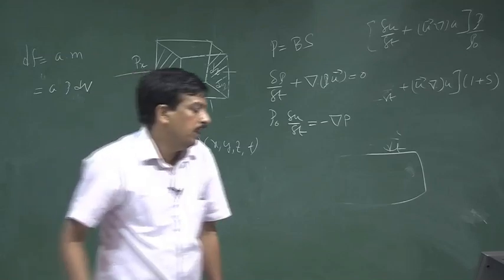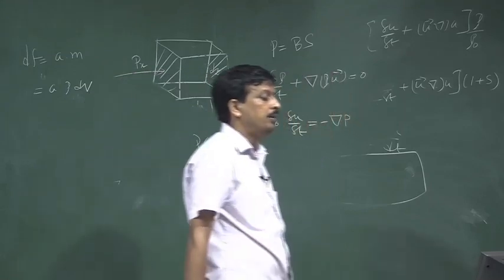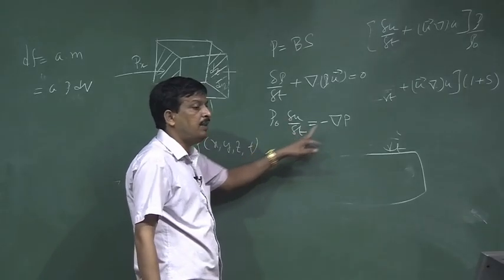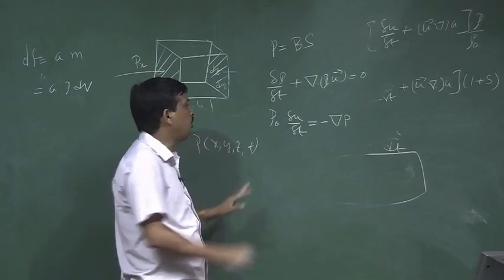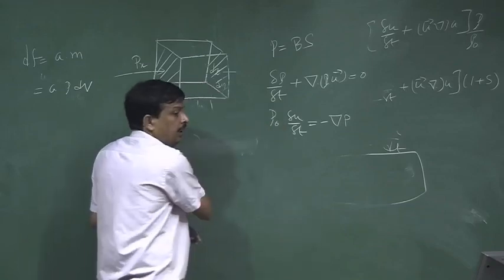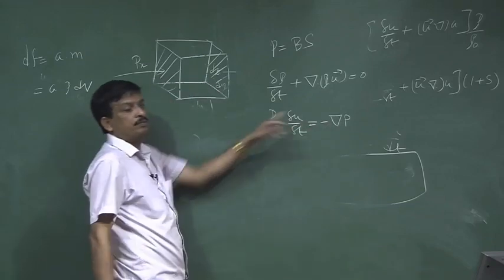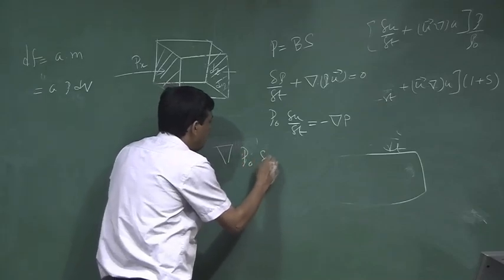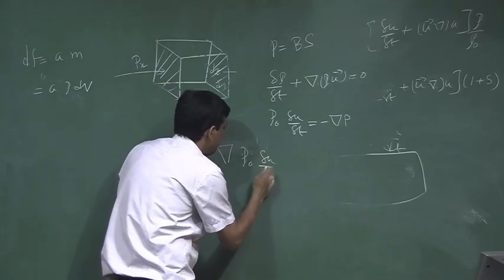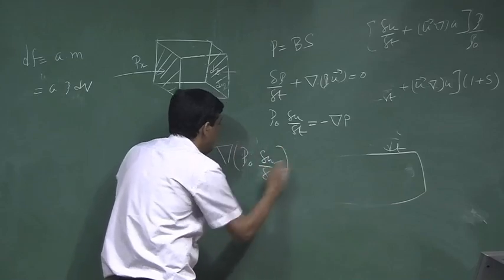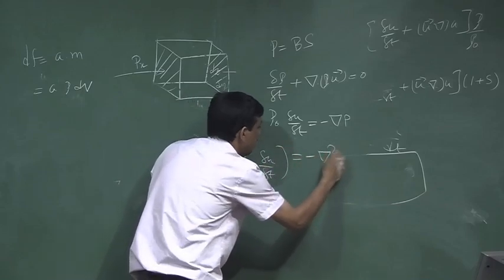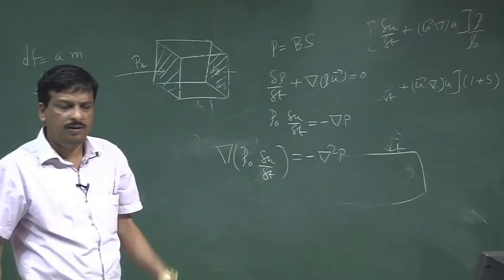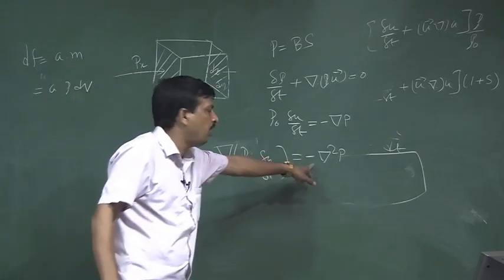Now, see this equation, rho 0 del u by del t equals minus del p, the equation of force. If I take the divergence on both sides, I get divergence of rho 0 del u by del t is equal to minus del square p. Take the divergence on both sides. What is this del square called?